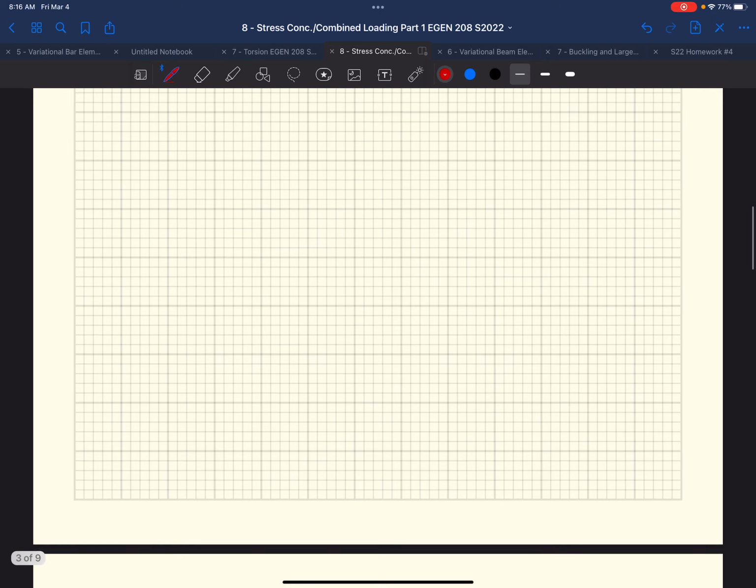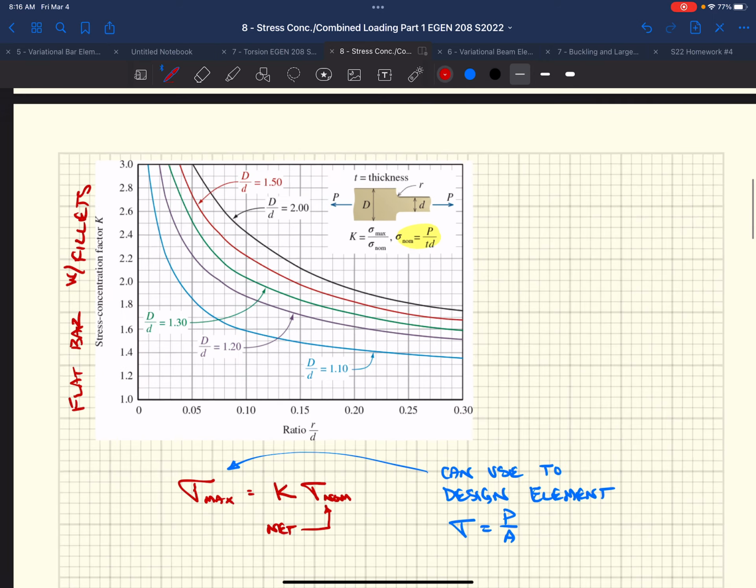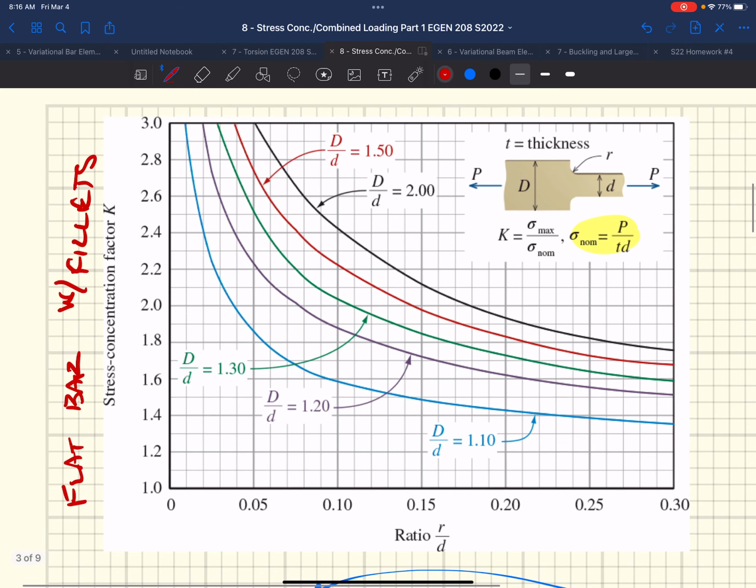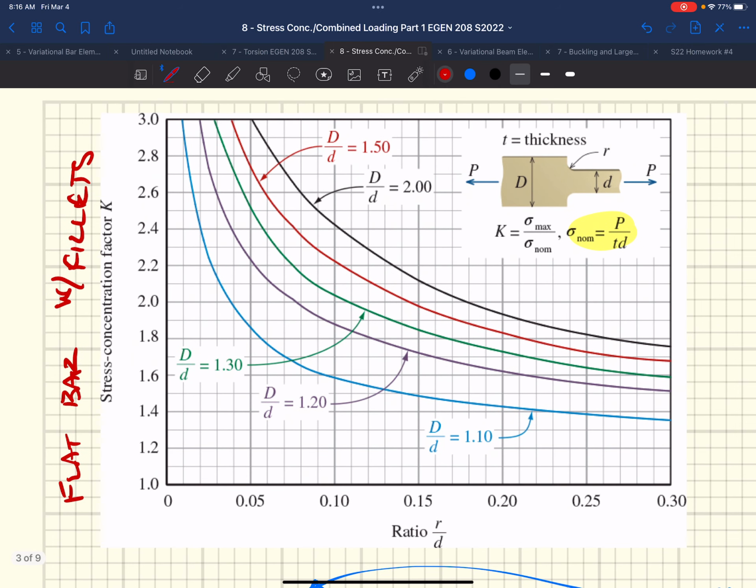If we go back up to our fillets diagram, there's quite a few things in this diagram that we need to know. We're trying to get a stress concentration factor K, so we need to know a place on the x-axis and a curve. We go to the x-axis, run up to our curve, and then run over, and we'll get our stress concentration factor.